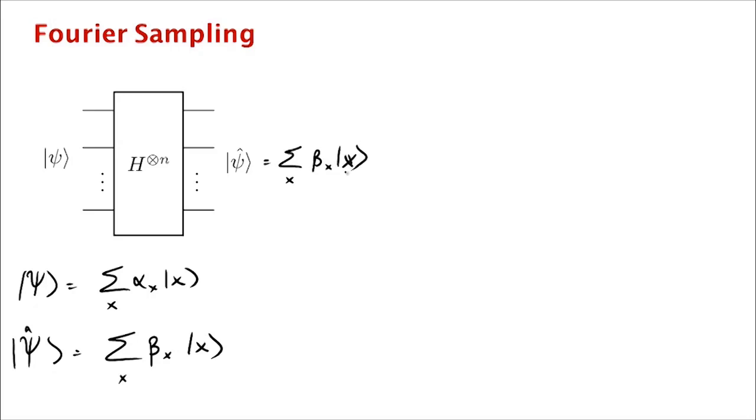And now you perform a measurement. And you see some y, so the output of this is some y with probability beta sub y magnitude squared. So this is our basic primitive in quantum computation.